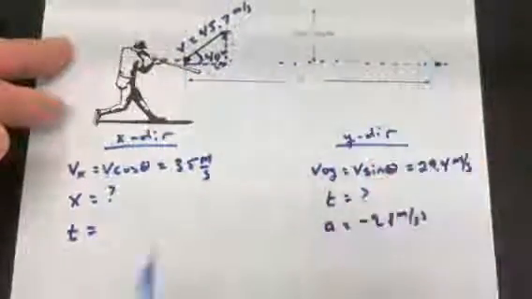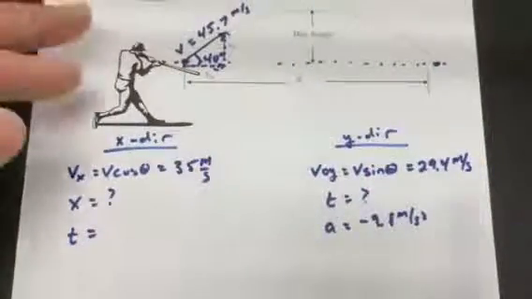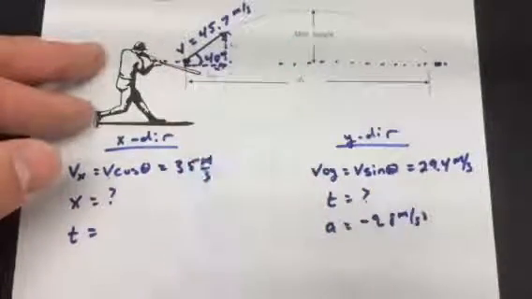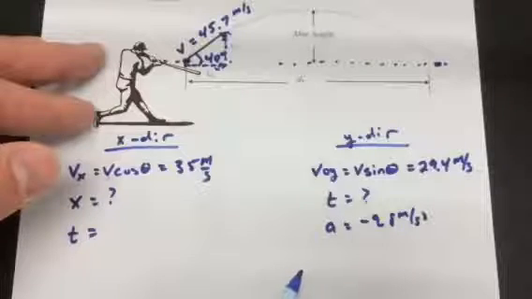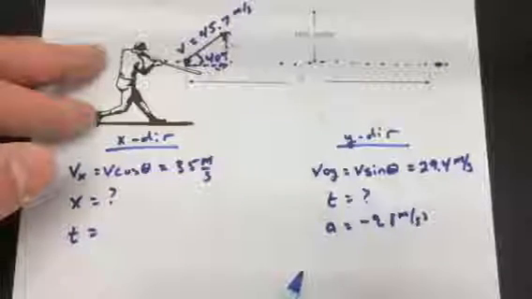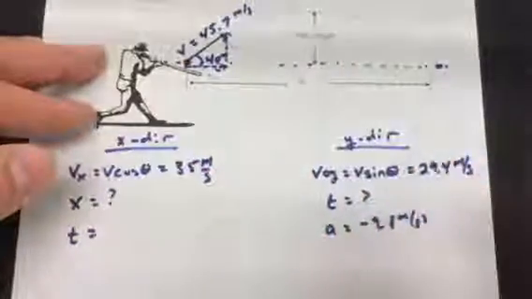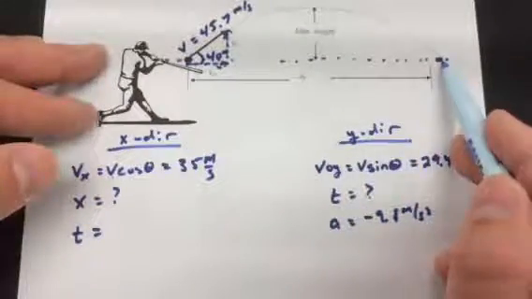Our job is to find the time it takes to go from here to here, so the total time. A couple different ways you can do that. You can go from beginning to the highest point, use that max height, and multiply it by 2, or you can figure out the entire time directly. I'm going to figure out the total time directly.